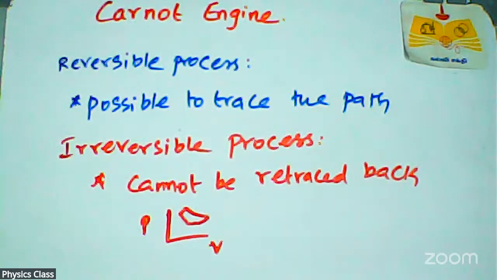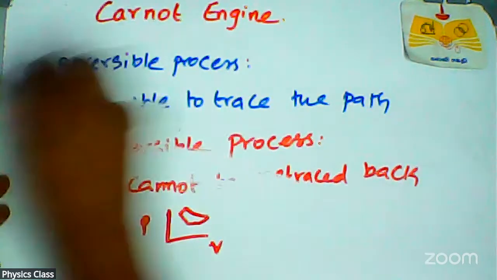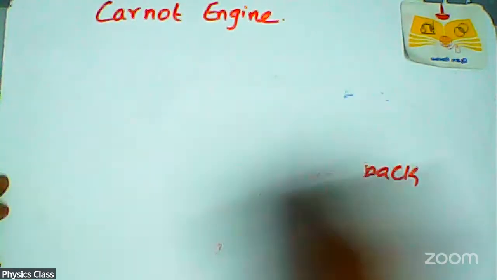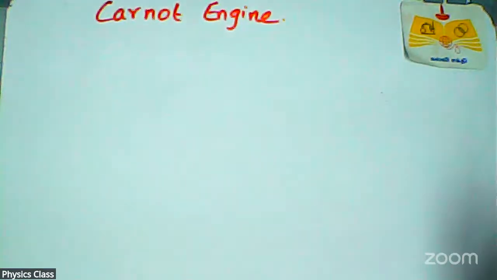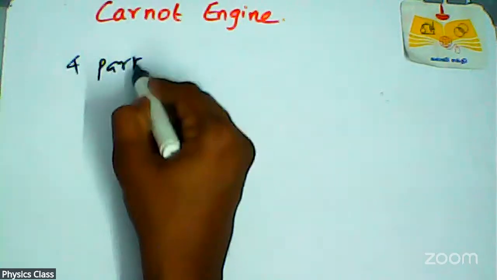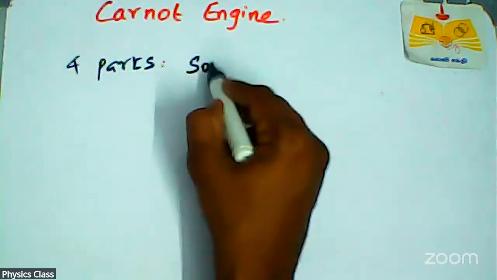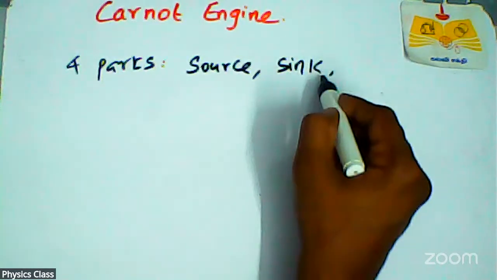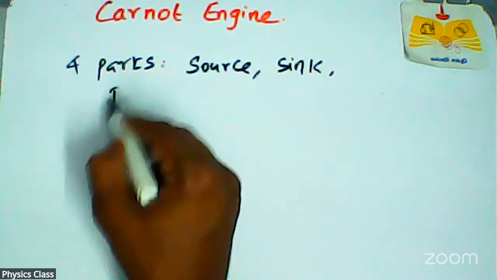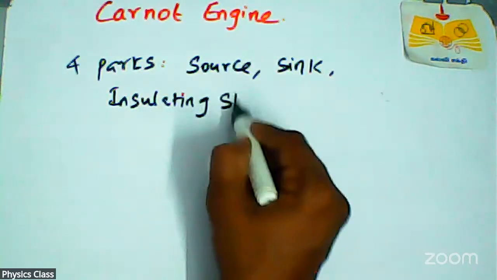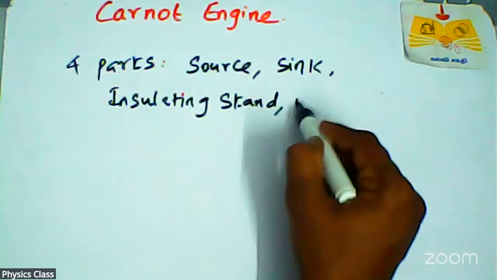The Carnot engine has four parts: the source, the hot reservoir; the sink, the cold reservoir; the insulating stand; and the working substance, that is the gas.